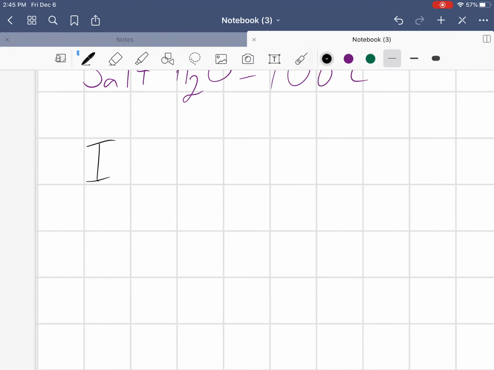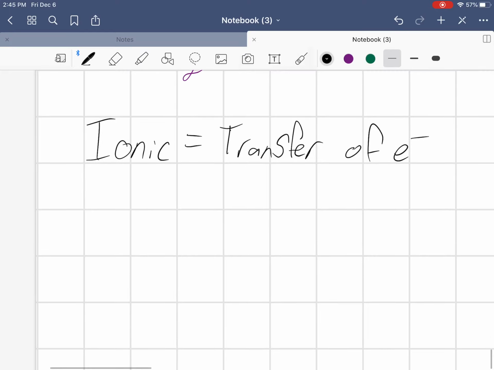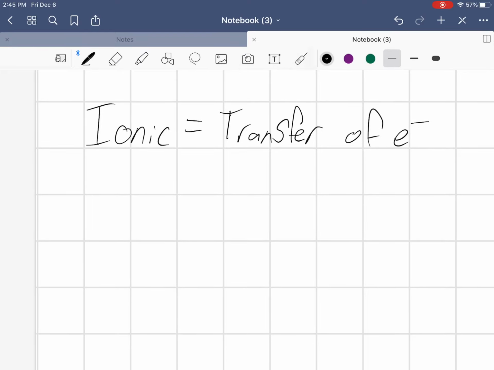For this, we need to remember the ionic bonds. If you remember, an ionic bond is one where there is a transfer of electrons. Okay? And the example that I had given when we talked about ionic bonds was sodium chloride, NaCl. And sodium chloride is salt, or table salt specifically.